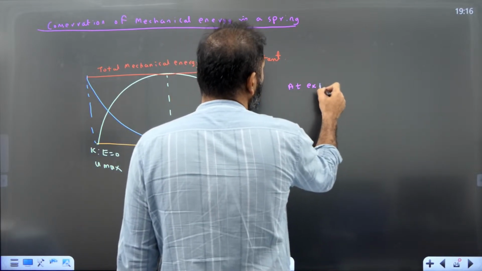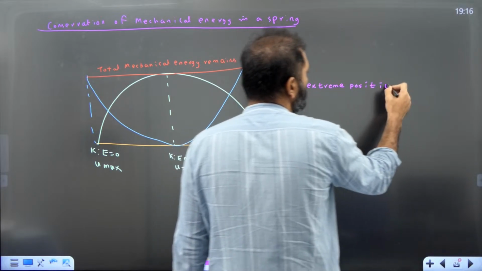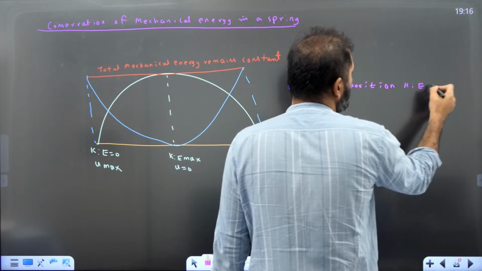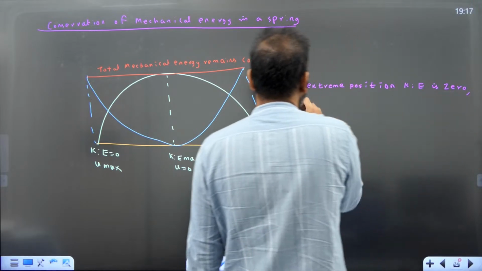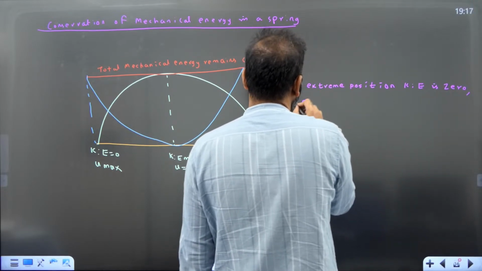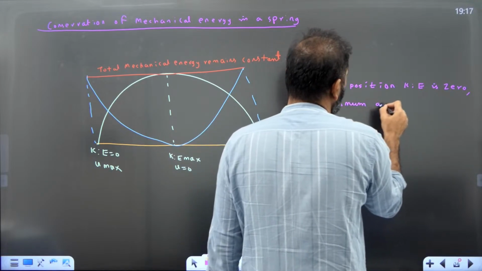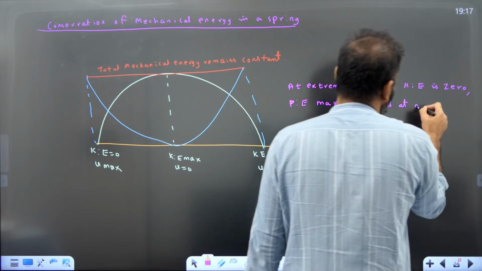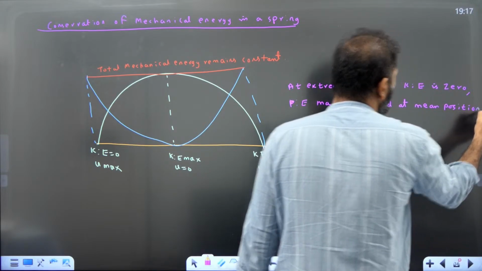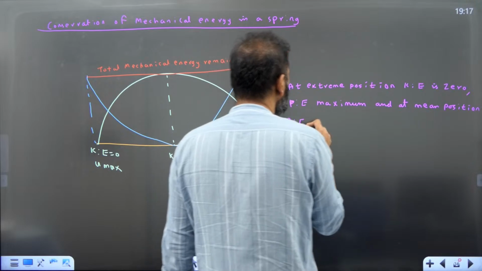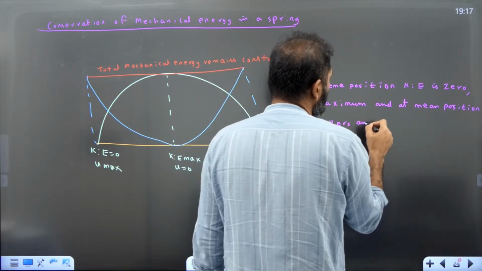At extreme position, kinetic energy 0, potential energy maximum, and at the mean position, potential energy is 0 and kinetic energy maximum.